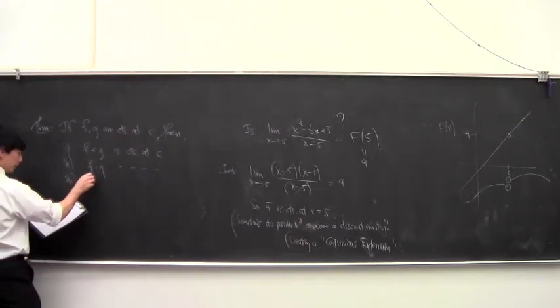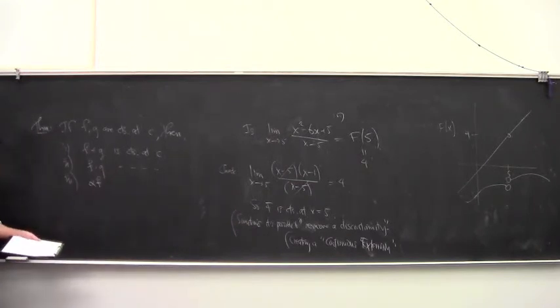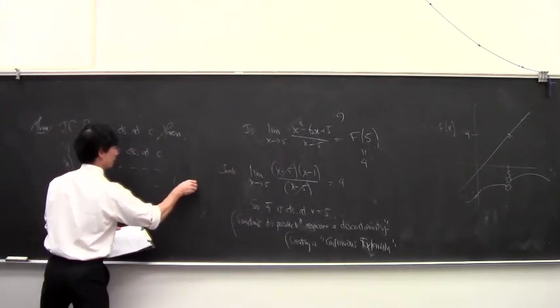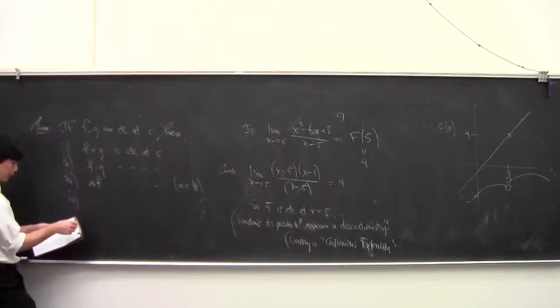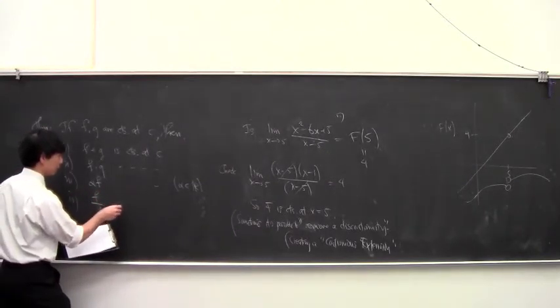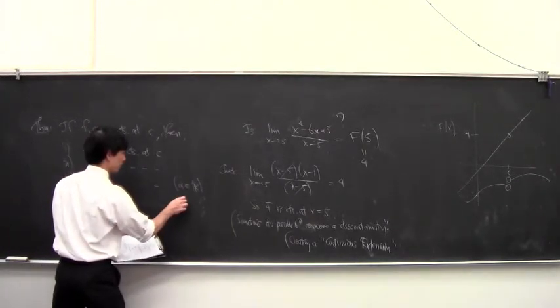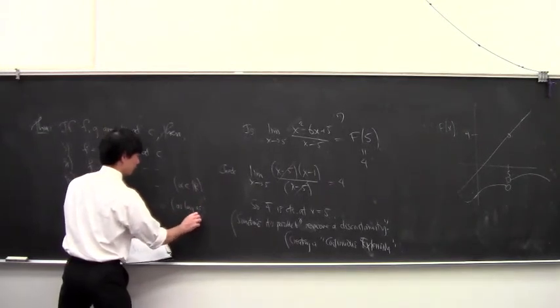Three, any number times one of them is, where alpha is some constant number. And four, as you might expect, the ratio is, as long as the denominator at c is non-zero.